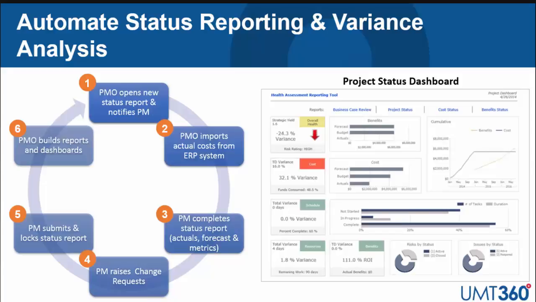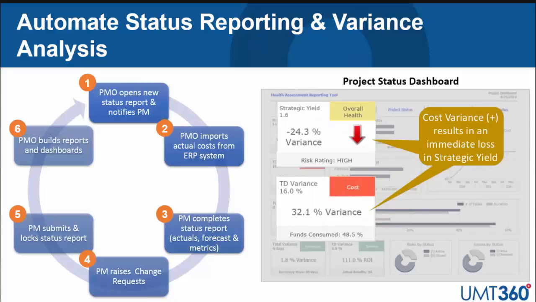The report on the right here is an example of one of the reports in UMT360 that's fully automated on top of the status reporting process. So at the click of a button, these reports are updated for the current period. Based on the variance analysis, what we're really looking for here is that strategic yield metric.